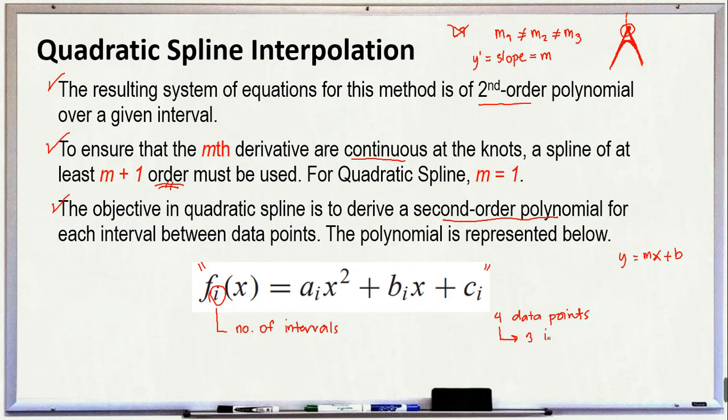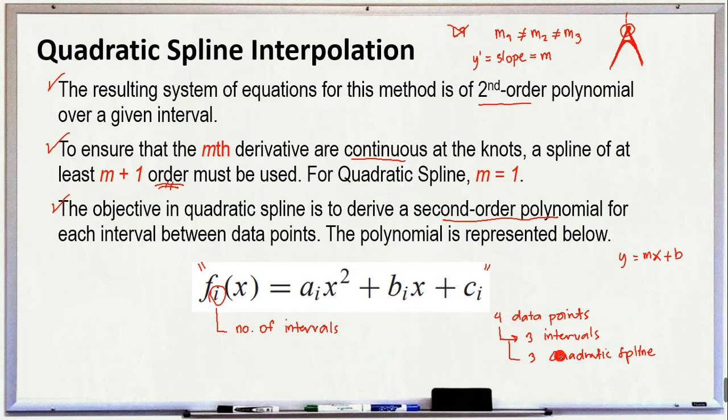Okay, 3 intervals. And if we have 3 intervals, we also have 3 spline equations. So since we're talking about quadratic, we also have 3 quadratic splines. If we have 5 data points, so upat ka interval, upat pod ka quadratic spline ang ma-generate.